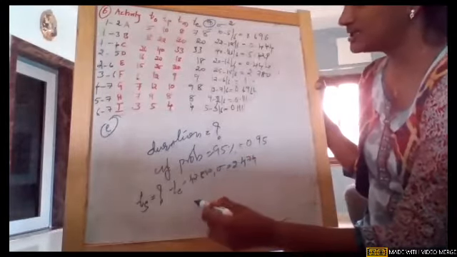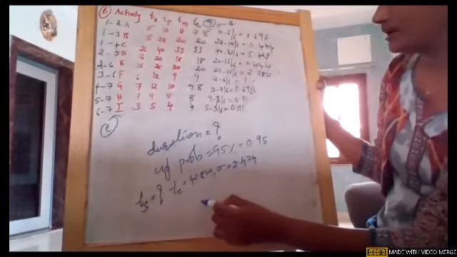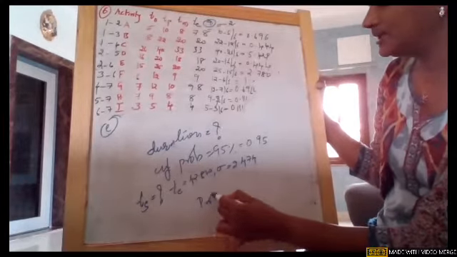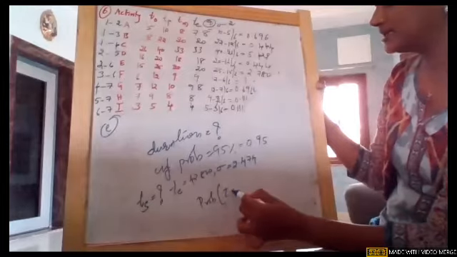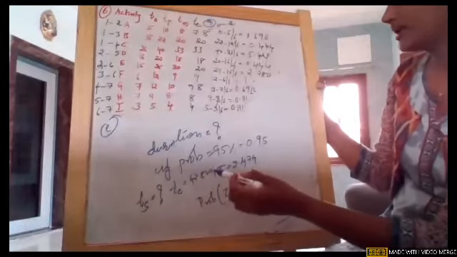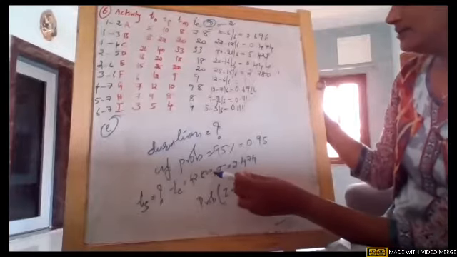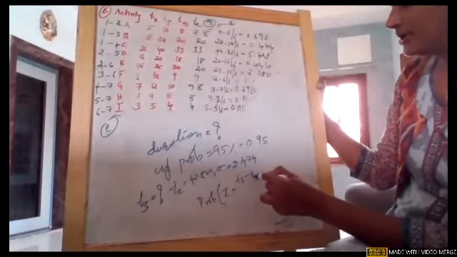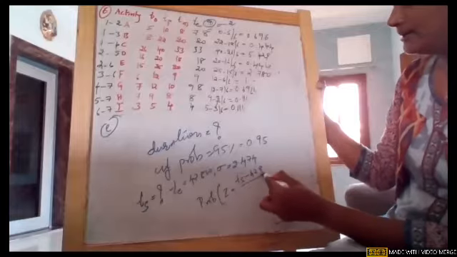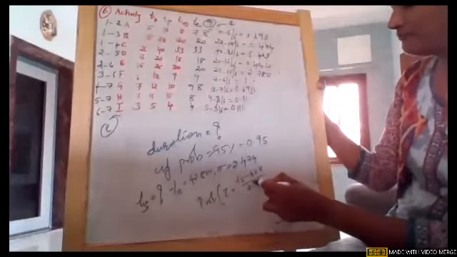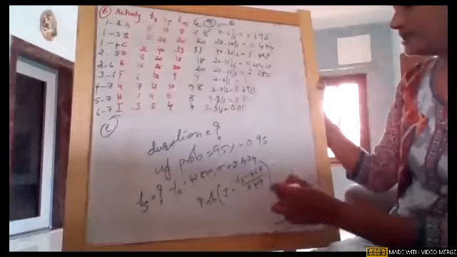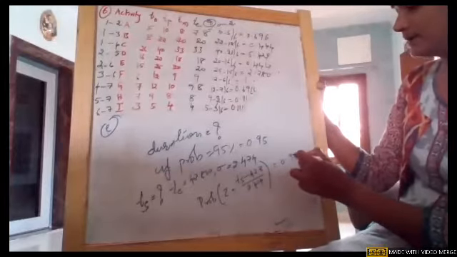So we can say the probability where Z is equal to TS, which we don't know, minus TE, which is 42.8, divided by sigma, which is 2.474, is equal to 0.95.